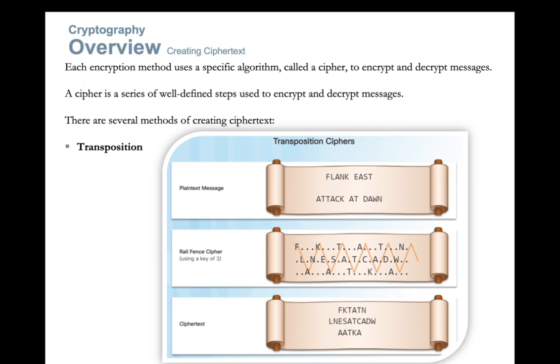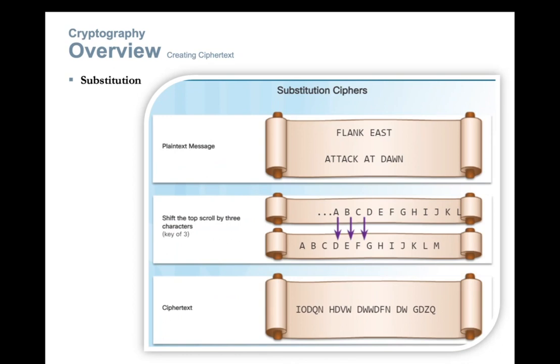Whereas another method we call the substitution cipher. In the substitution cipher, the plain text, "flank east attack at downtown," uses a key that shifts the alphabet by three characters. So the characters A, B, C, D are shifted three steps to the right, and F is replaced with I, L is replaced with O, and so on.